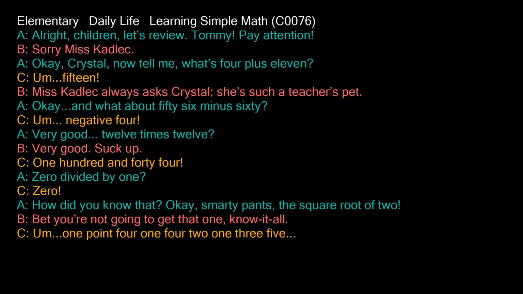Negative 4. Very good. 12 times 12? 144. Very good. Suck up. 0 divided by 1? 0. How did you know that? Okay, smarty pants. The square root of 2. Bet you're not going to get that one, know-it-all. 1.4142135.